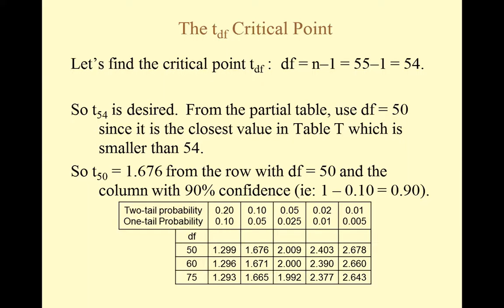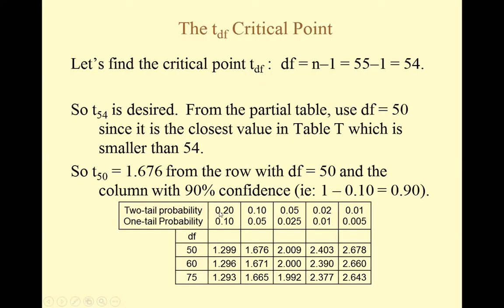From the partial table below, we would use df equal to 50 because 54 is not in our table. So t sub 50: I want to look in the row where degrees of freedom is 50. For 90% confidence, the alpha value in two tails is going to be 0.10.